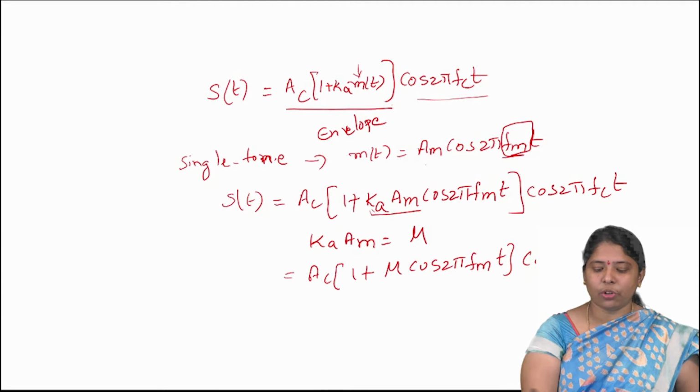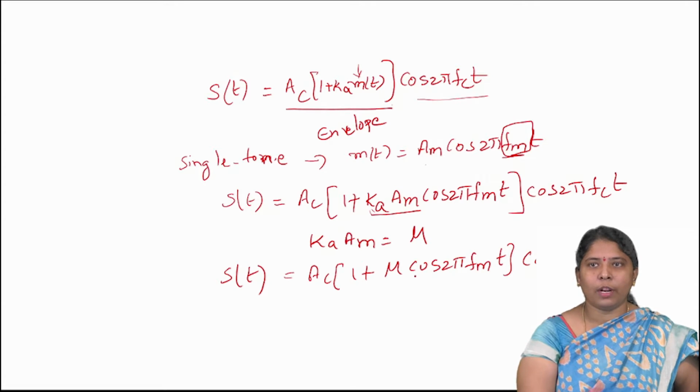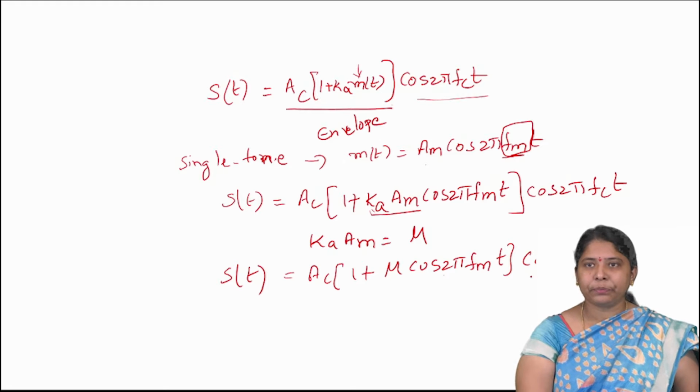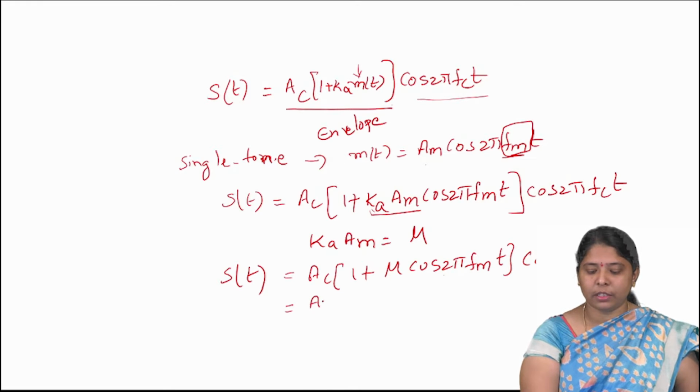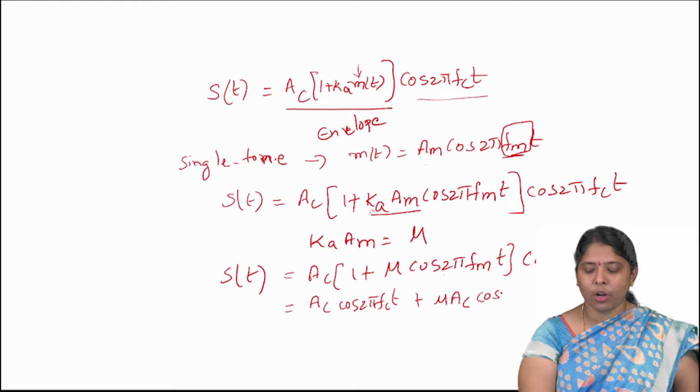This is the equation of the single tone AM wave. If you expand this, the first term is Ac cos 2 pi fc t and the second term is mu Ac cos 2 pi fm t multiplied with cos 2 pi fc t.